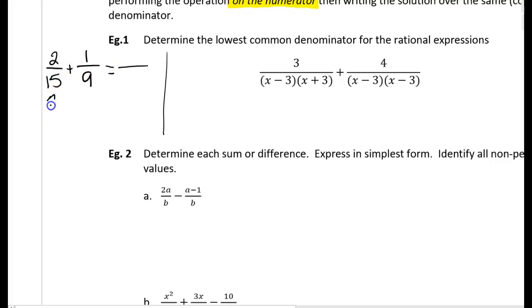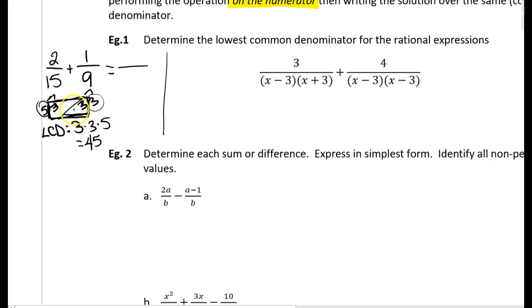They both have a 3 in there. 15 breaks down to 5 and 3, but 9 breaks down to 3 and 3. Because this 3 pairs up between them, it only needs to show up in my lowest common denominator once. So my lowest common denominator is 3 to account for my pair, multiplied by 3 again for that 9, and multiplied by 5 coming from 15. 3 times 3 is 9, times 5 is 45, which is way lower than 15 times 9.